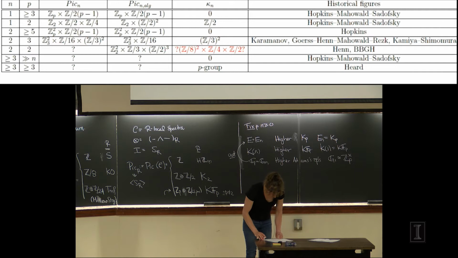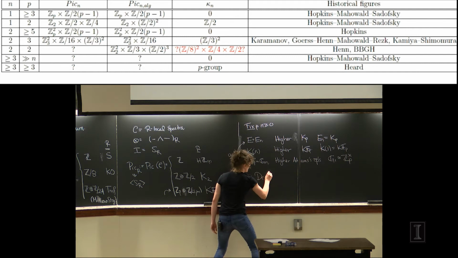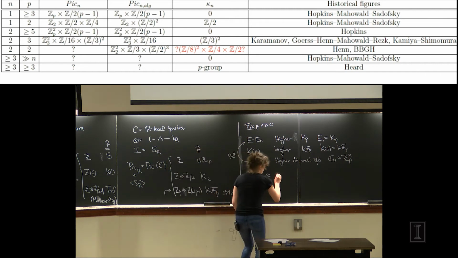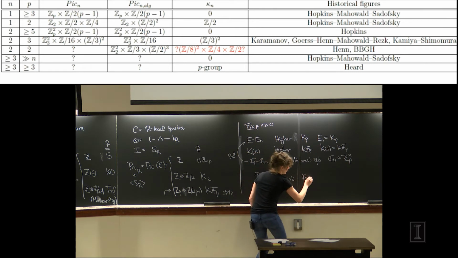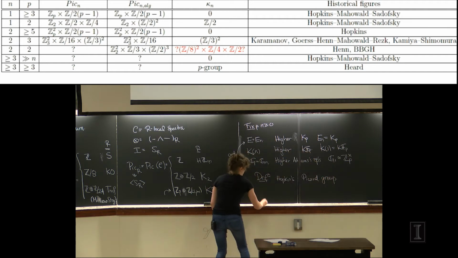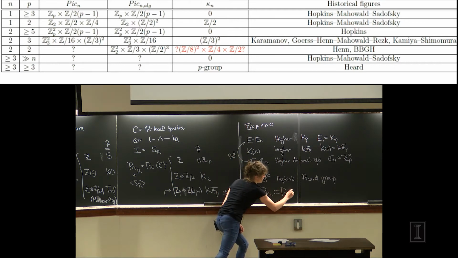Okay, so these are the kinds of categories that I'm interested in this talk. So people call this the Hopkins Picard group. And I'm going to write Pic_n for the Picard group of K_n-local spectra.